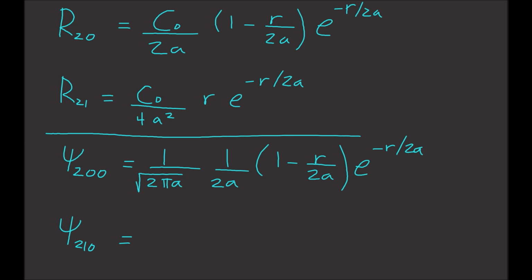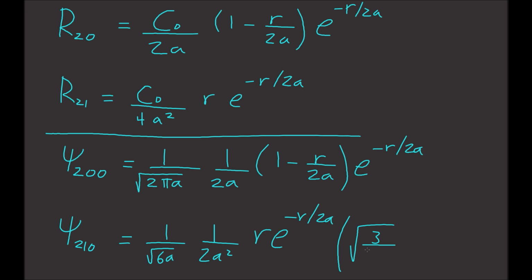We have the wave function to be 1 divided by square root of 6a, which comes from normalization, times 1 divided by 2a squared times r e to the minus r divided by 2a times square root of 3 divided by 4 pi times cosine of theta.